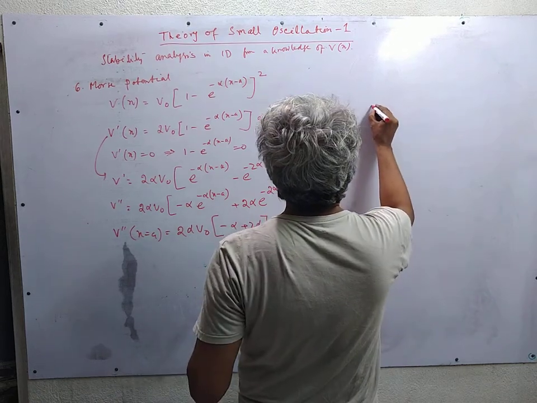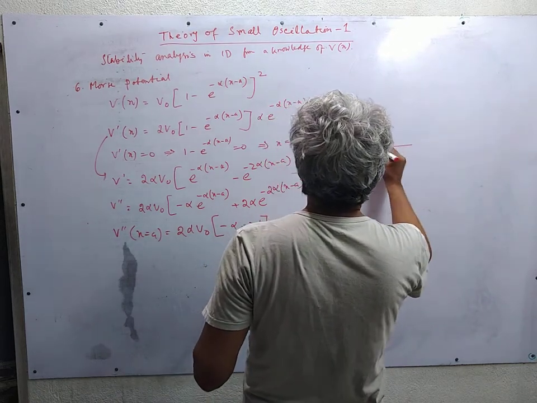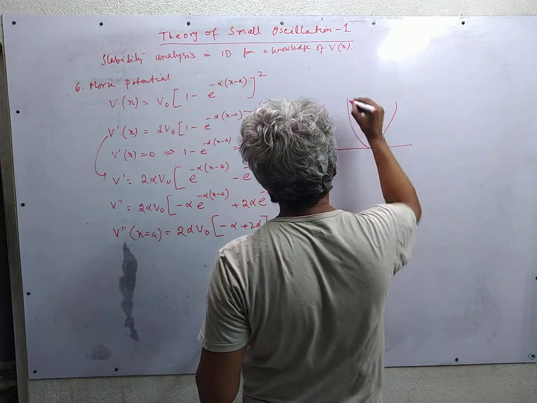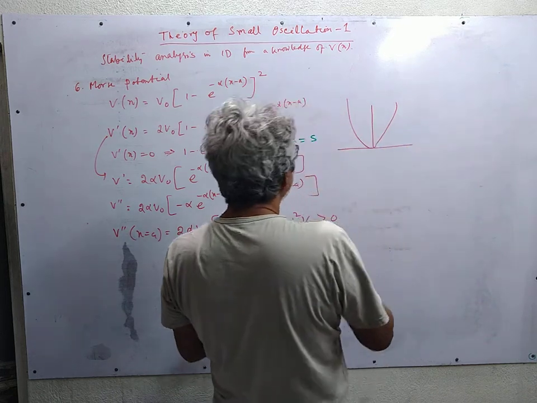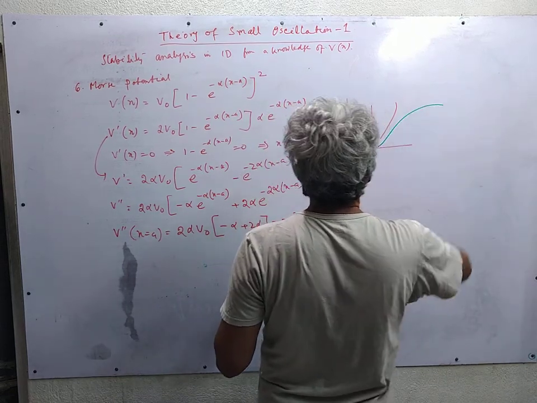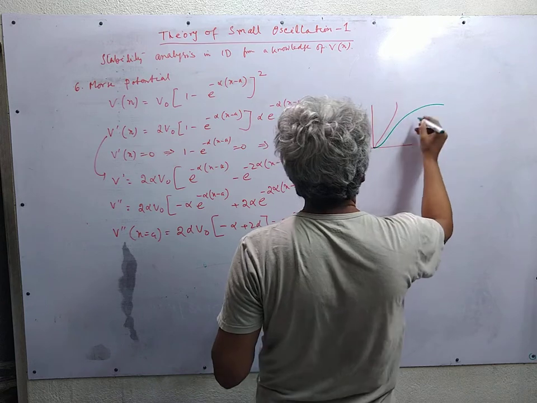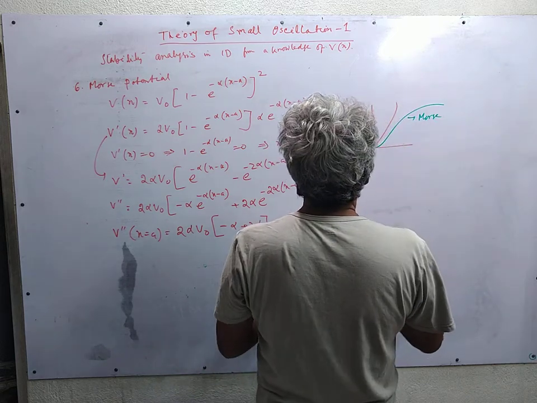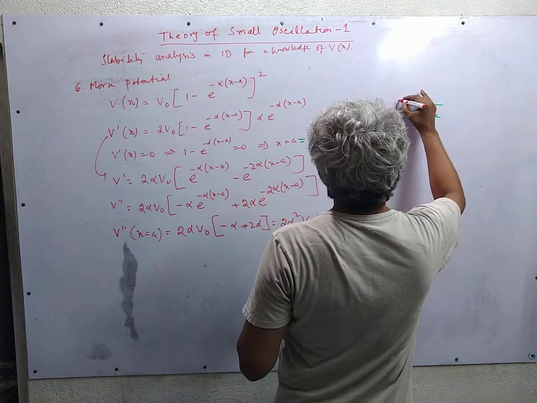If we draw a harmonic potential, this is the harmonic potential, and the Morse potential in this case is like this. This is the Morse potential, and this is the harmonic potential.